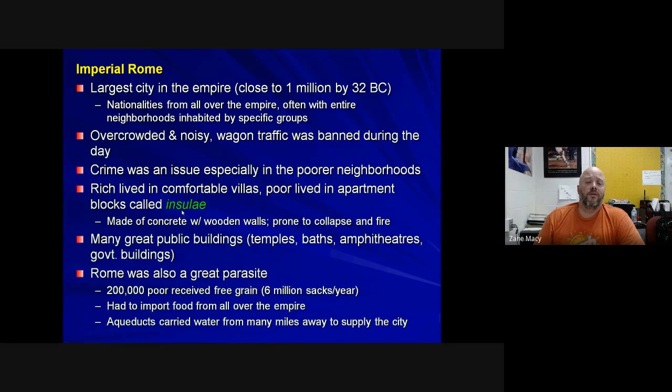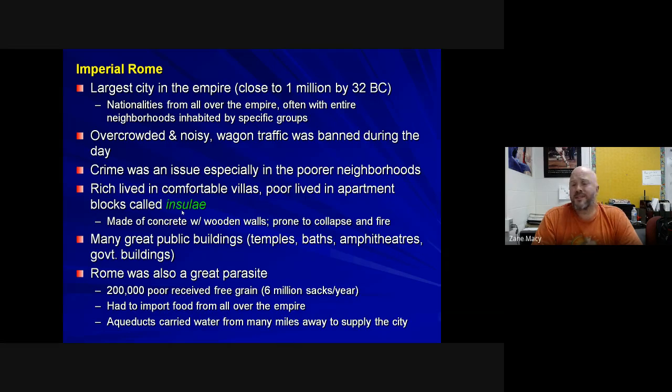Now, Rome itself was the largest city in the empire by far. By the time you get to the year 32 BC, even though we are technically not in the imperial period, Rome was close to 1 million people in population by that point. It was a great melting pot, with nationalities from all across the empire.